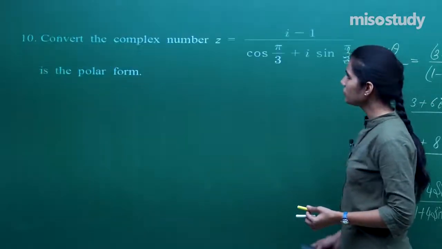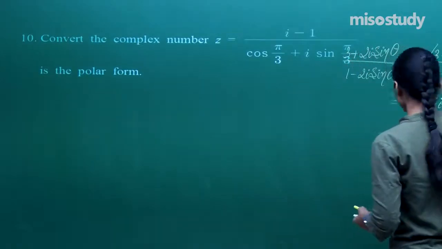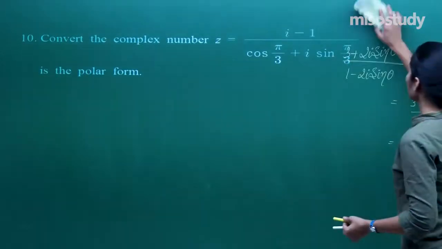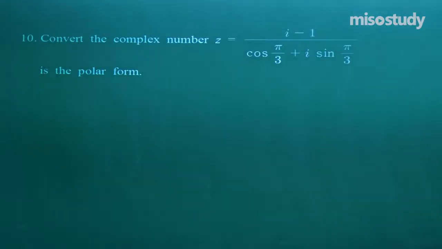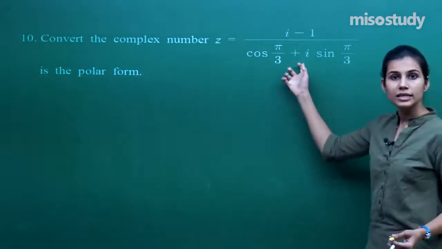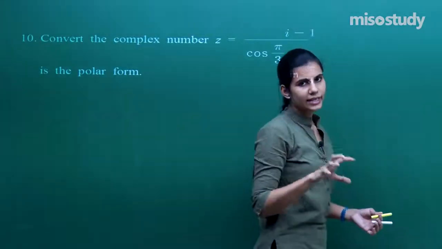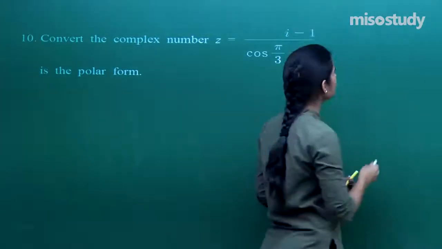Moving to the next question, we have convert this complex number in the polar form. In order to convert a complex number in the polar form, we need the modulus and we need the principal argument. First of all, we need to bring it in the simplest form possible so that I can specifically see its real and the imaginary part.